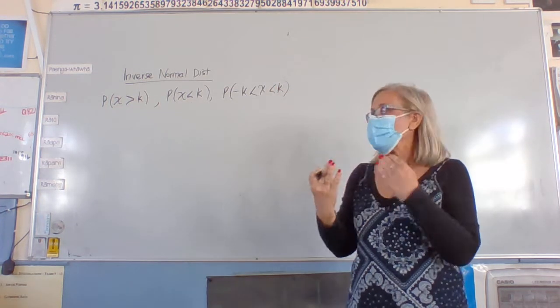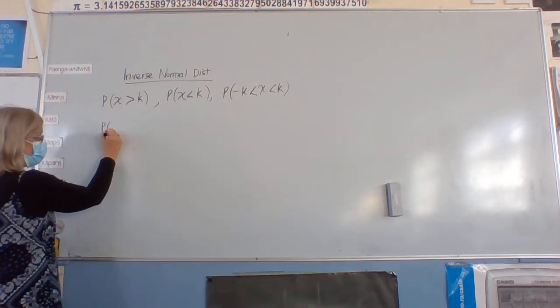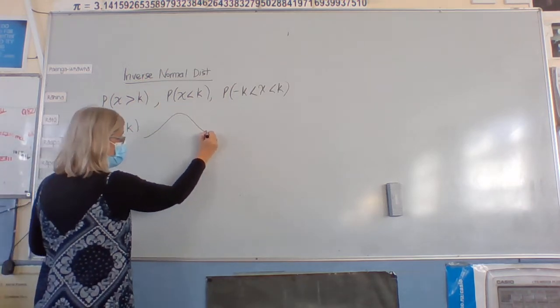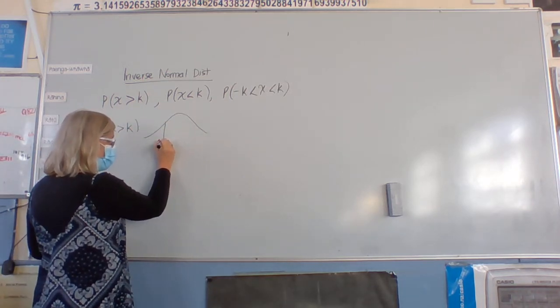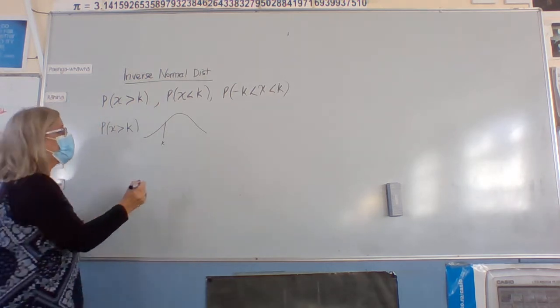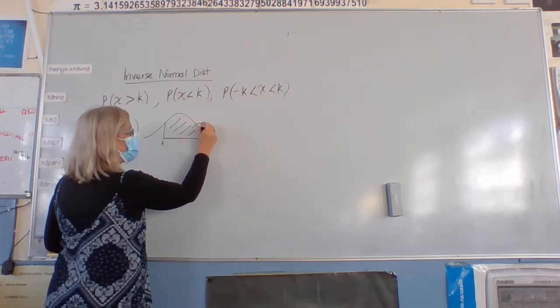Alright, so the pictures for these look like this. The probability of x being greater than k would be this picture here, where k is somewhere. We don't know what that something is, but we do know that this part of the diagram has a probability.